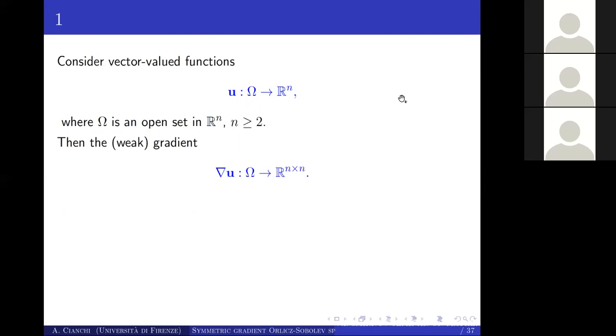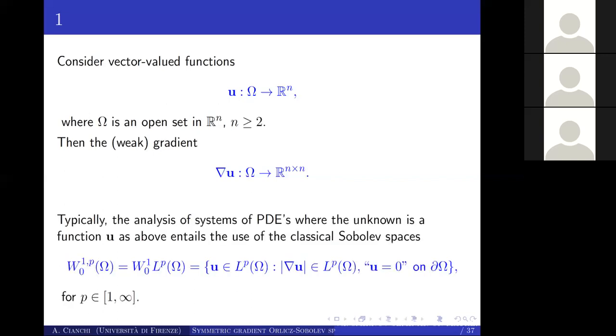Now, since we have vector valued functions, the weak gradient is a matrix taking values in R^(n times n). These kinds of functions are well known to be fundamental in the analysis of systems of PDEs.